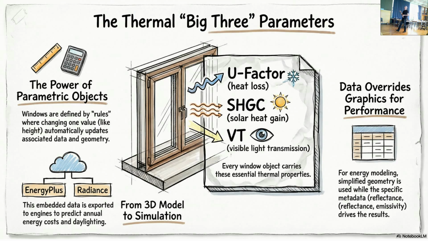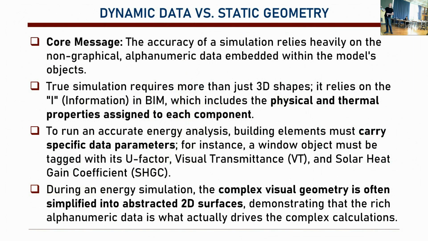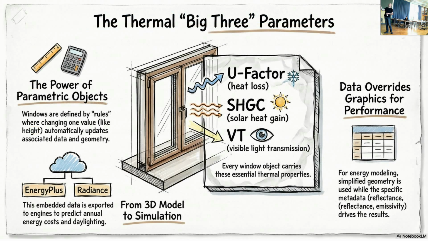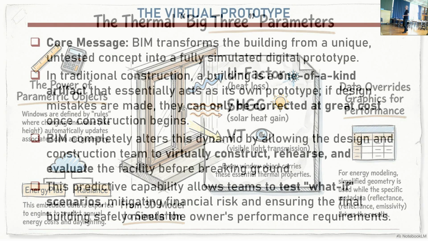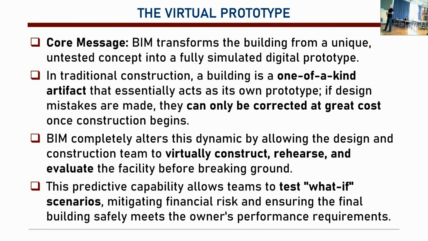So we have parametric objects, we have view factor, like heat loss, solar heat gain, SHG coefficient, SHGC, visible light transmission. These are all basically impacting the energy gain. And then the software basically creates a representation of the results.